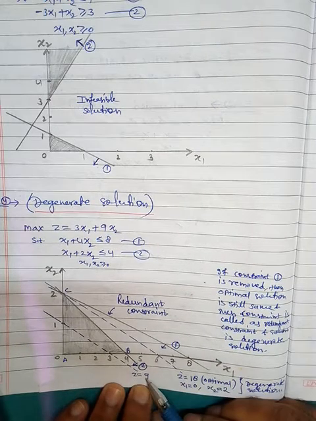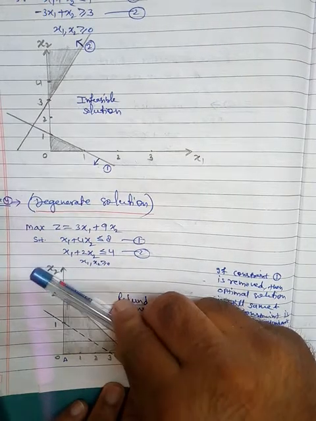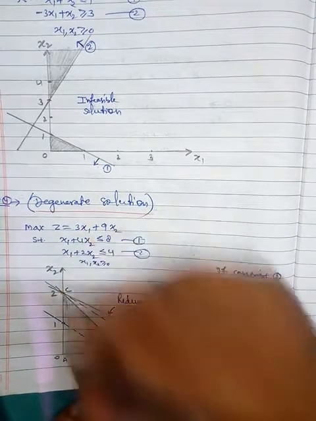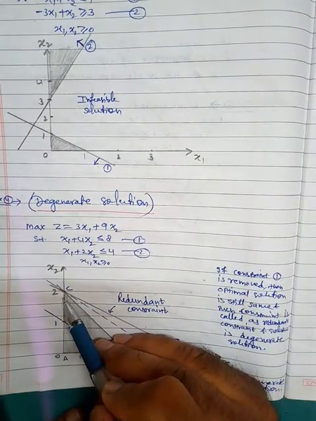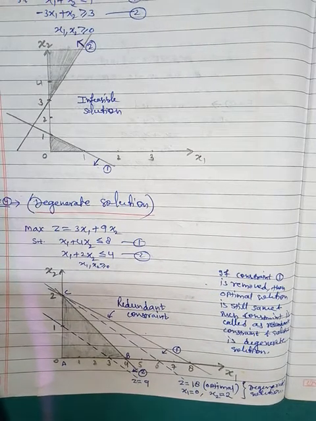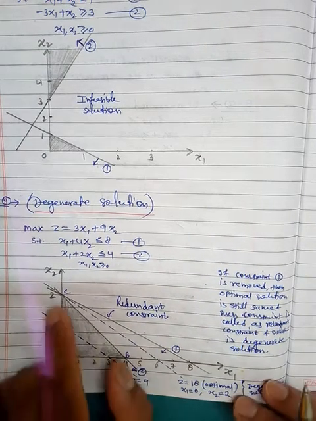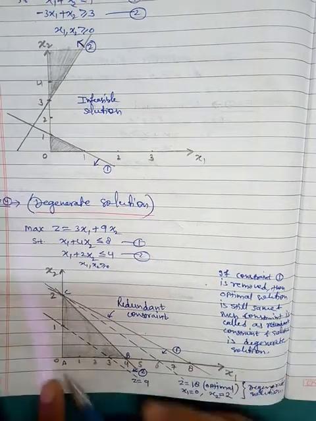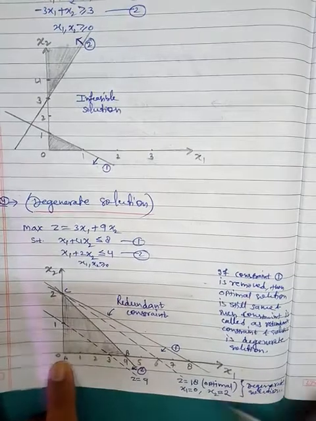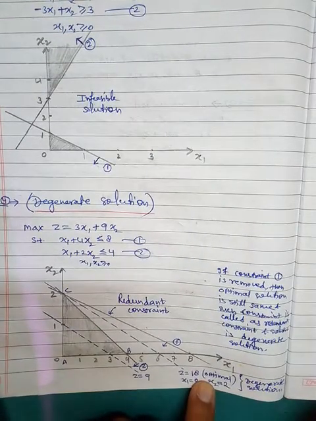This line intersects at this corner point, so this will be the solution. Now observe this point is the solution, that means x1 is equal to 0 and x2 is equal to 2 and z is 18. This is the optimum solution.